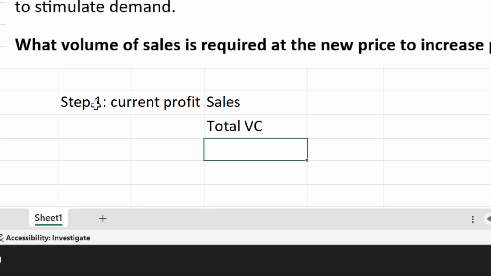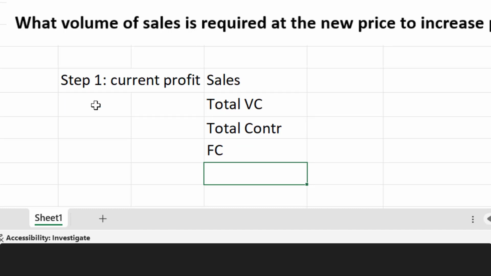Subtracting one from the other will give us our total contribution, from which we subtract our fixed costs, and then we get our profit for the period. Now, if you are fuzzy on these principles, please go back to the previous video. Link is down below in the description. I explain what all of this is about.